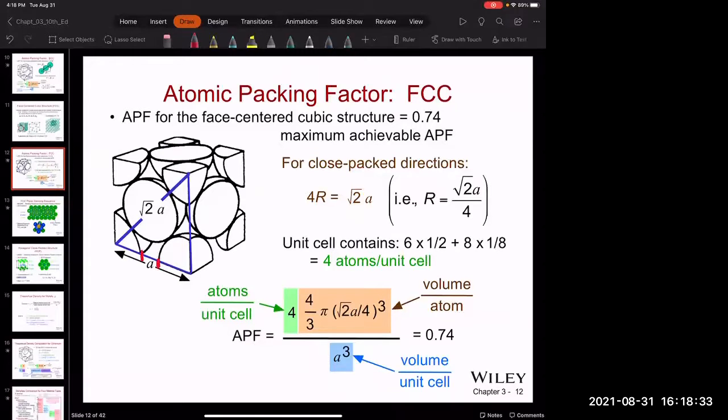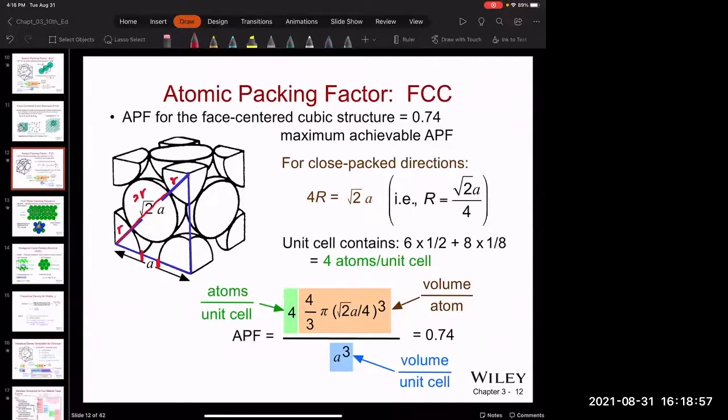I don't know how much space that is. All I know is that if they touch each other, this one will be the radius. This will be 2 times the radius. This will be the radius. So this is actually how you're going to find out how to relate the radius with the lattice length, the A.